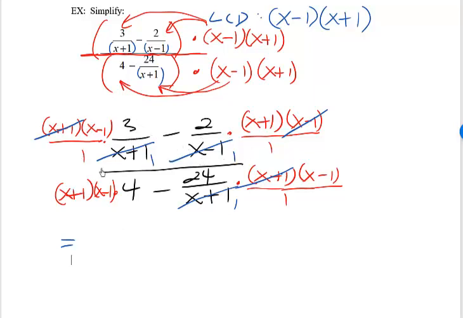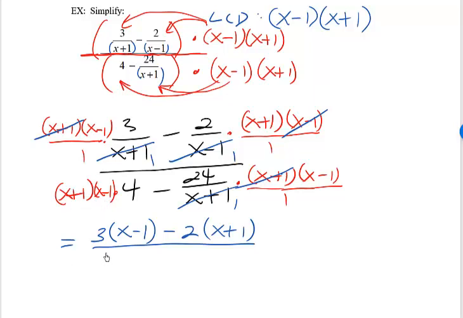Now, since this example is a little bit more complicated than the last one, let's go ahead and just write down now where we're at. So from this first multiplication, I have a 3 being multiplied by an x minus 1. I'll work it out in just a second. The next one, I have a minus 2 times an x plus 1. The bottom is perhaps the most complicated. Let me go ahead and do this FOIL problem. It's actually an easy FOIL problem because the middle parts cancel out.